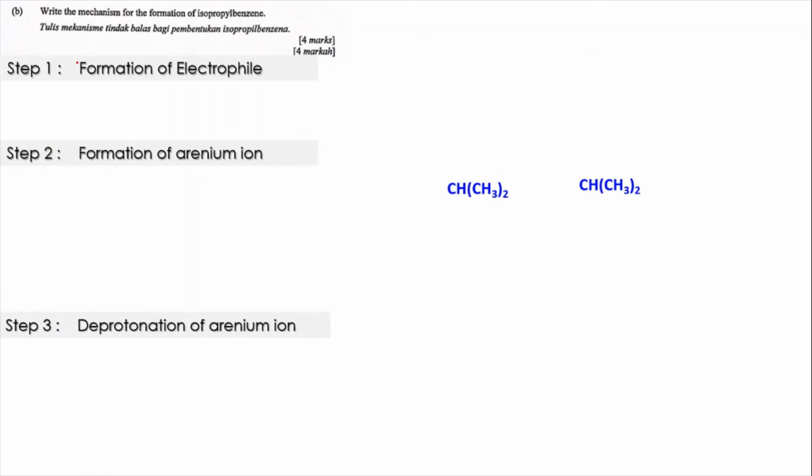For question 5B, we have to write the mechanism for the formation of isopropyl benzene. The isopropyl benzene is the same as the reaction scheme that you have seen for part F. So from benzene, it's going to become isopropyl benzene, and here is the isopropyl substituent.